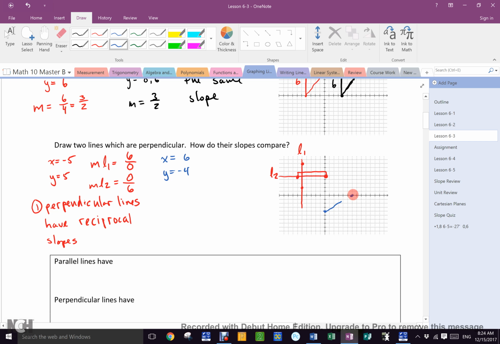My line will show up in a sec. Now, put another dot at x equals 2 and y equals 3. And then connect that line.